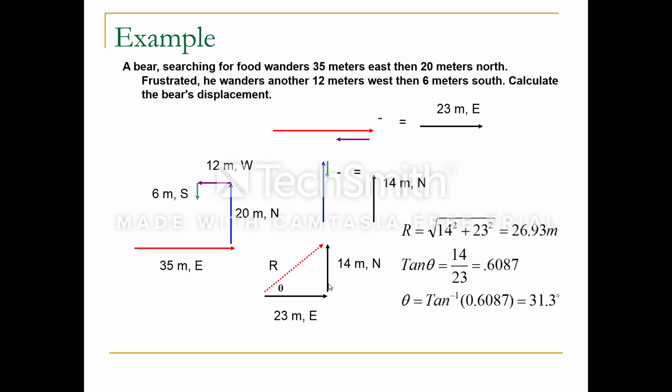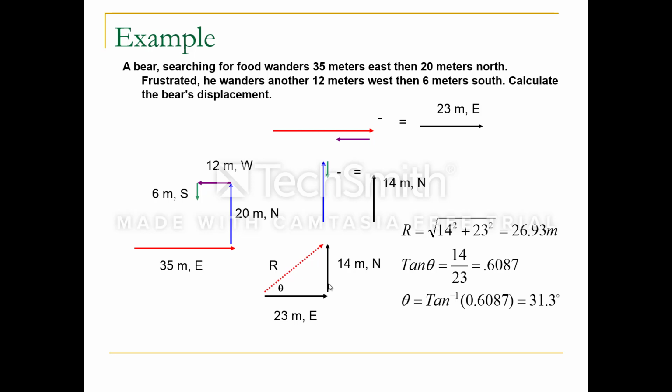Do the Pythagorean theorem and inverse tangent to find your angle. So 14 squared plus 23 squared, square root of that is 26.93. Then I'm going to do inverse tan of 14 over 23.